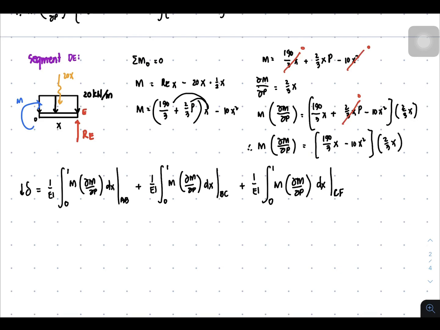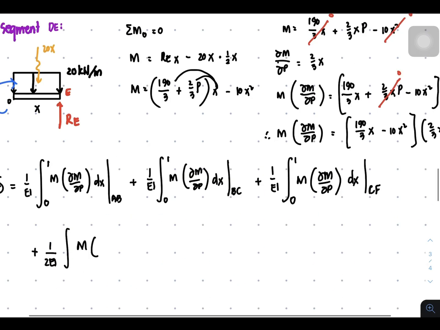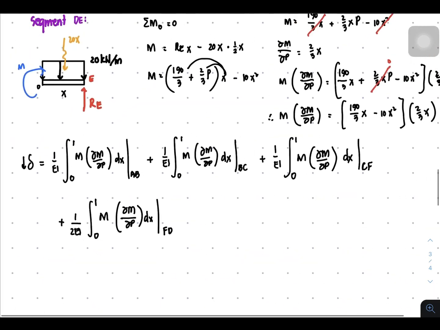So you have 3 meters already, and plus 1 over 2 EI, because this is for F to D, and this is 0 to 1.